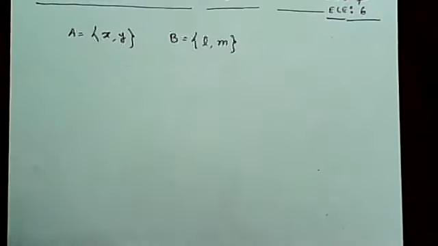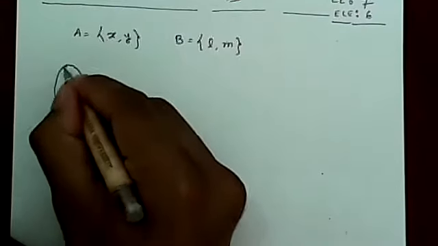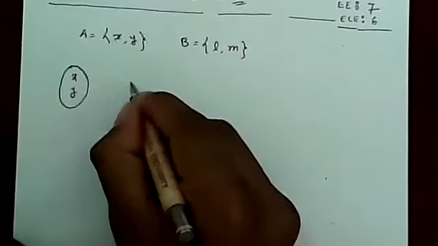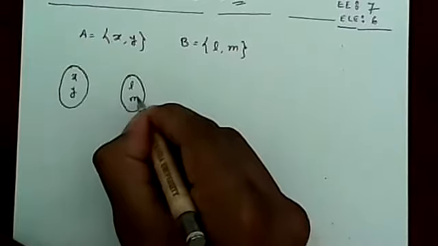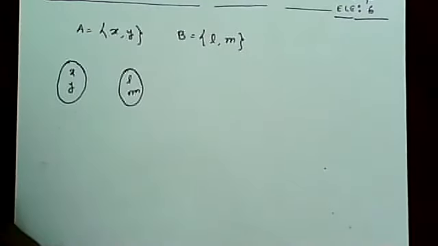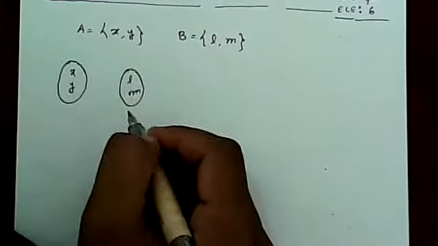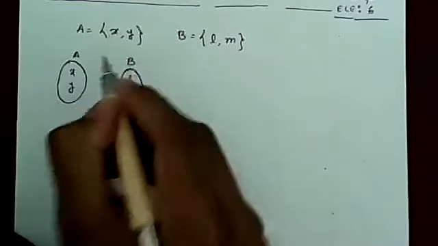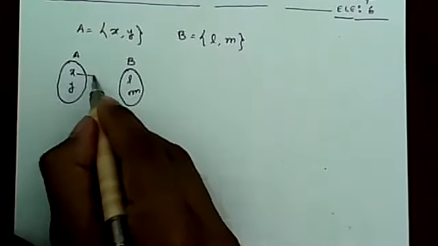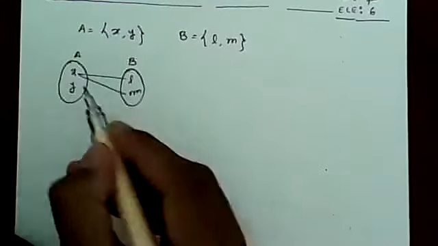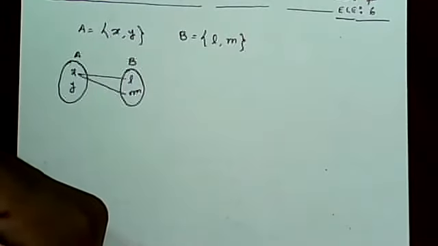I put the condition that only X can commute with the set B. This is my A set, this is my B set. The first restriction is only X can commute, so these are the cases we are obtaining.